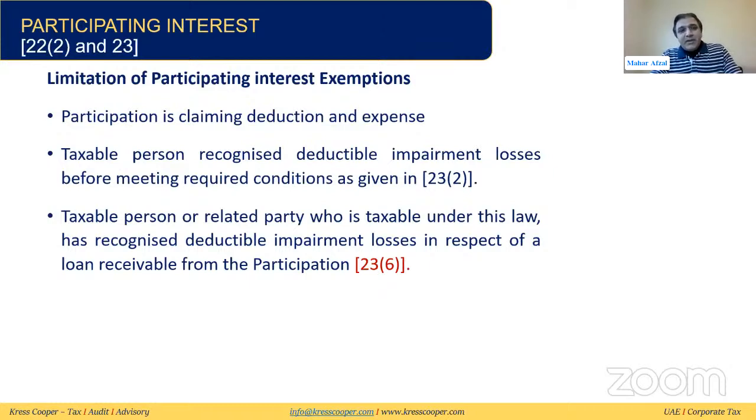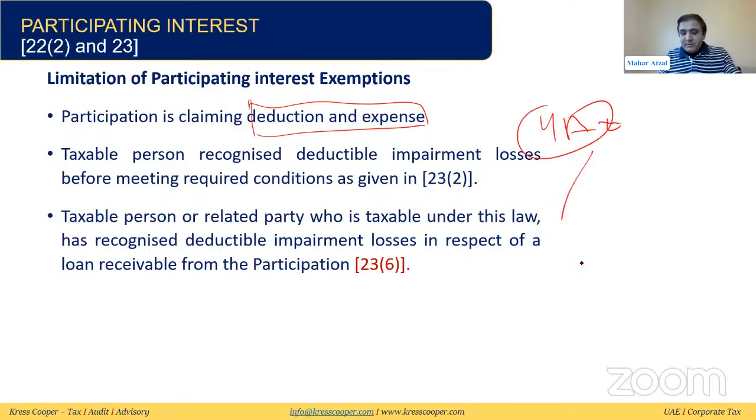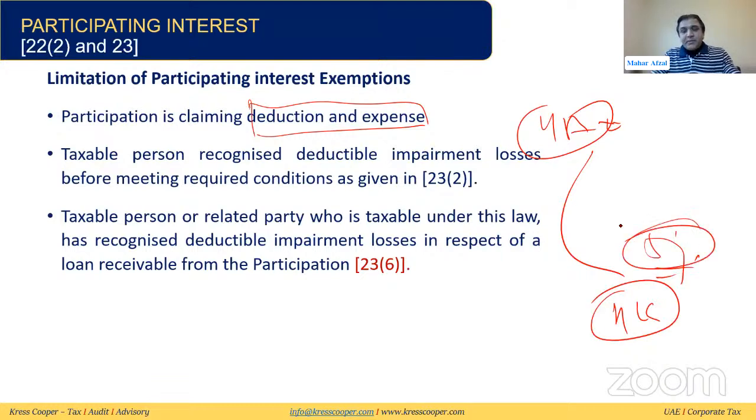These limitations are: the participant is claiming a deduction in expenses. Suppose the UAE company has an investment in a UK company, at least 5% for an uninterrupted period of 12 months, and this UK income is subject to tax at 9%, it will be exempt.